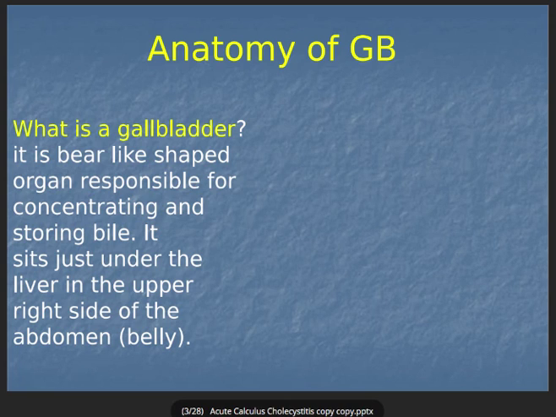Anatomy. The gallbladder is a pear-shaped organ. Its function is to concentrate bile.